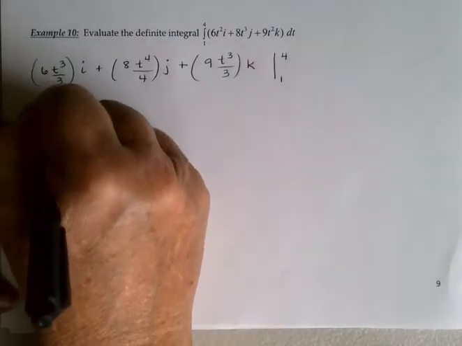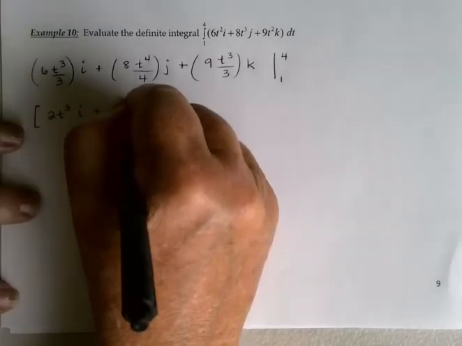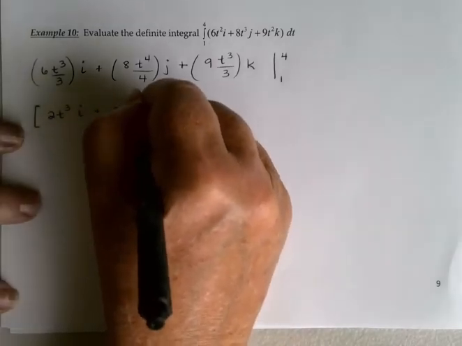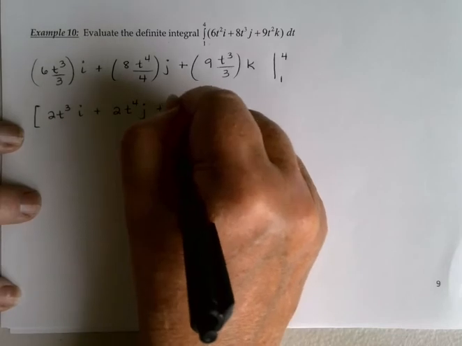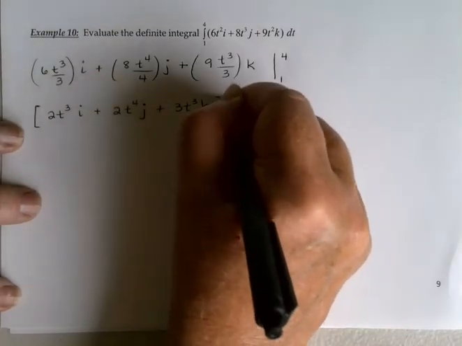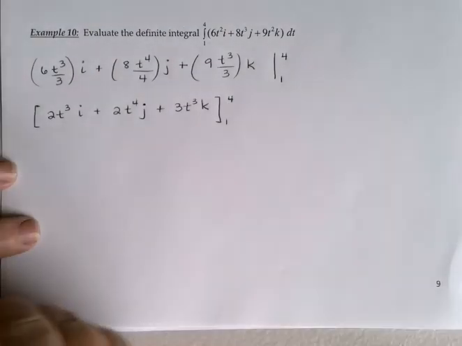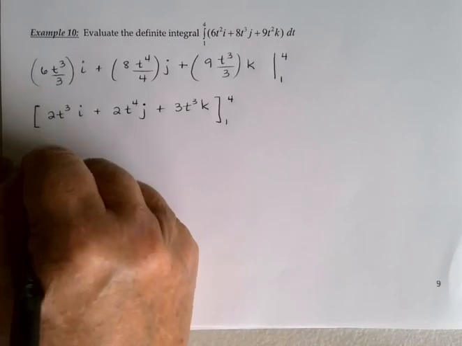Simplifying just a little bit, 2t cubed i plus 2t to the 4th j plus 3t cubed k, evaluated from 1 to 4. And just like we did before, we always plug in our top limit first.